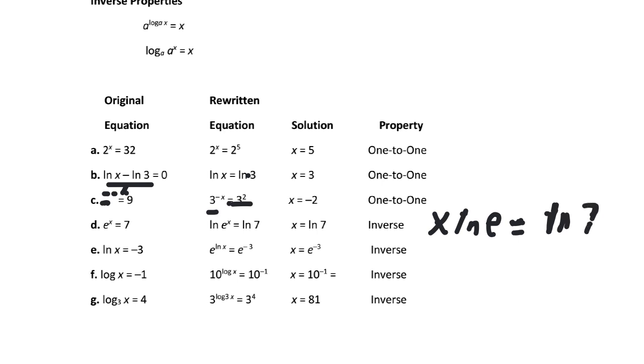And ln e is 1, so that gives us x times 1, which is x, equals ln 7. And you can do different things, so we'll come back to these when we get a chance. That's pretty much all we're going to need for those anyway.